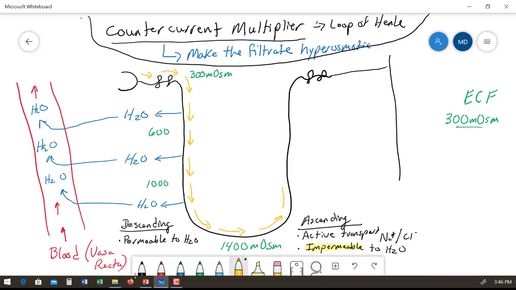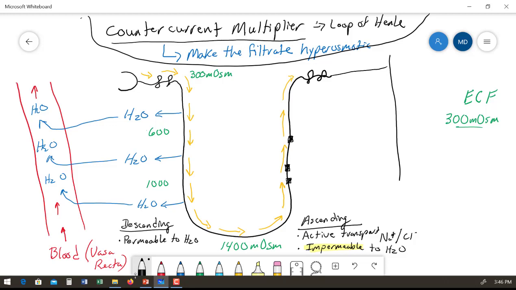As this filtrate, remember it's inside of the tubule, I'm just drawing the arrows on the outside to show the flow. You can see here that as this pre-urine flows upwards, what's actually happening in the cells of the tubules, I'm going to draw these very large, way oversized, is there are active sodium pumps in the cells in the tubules.